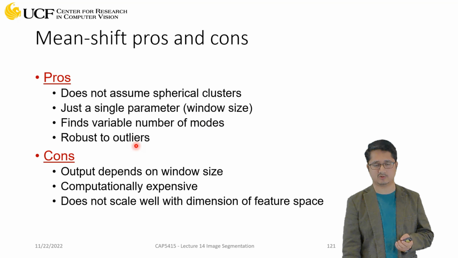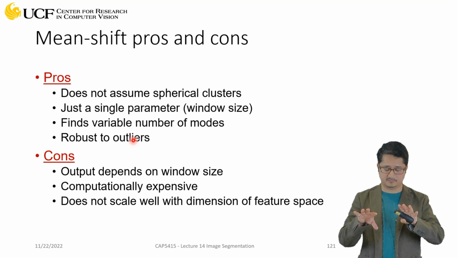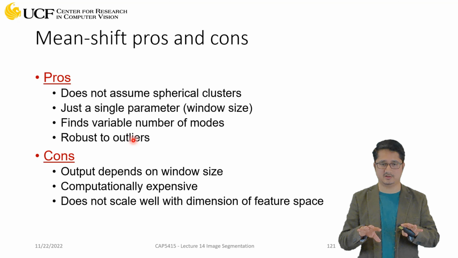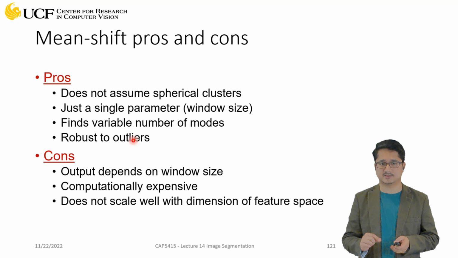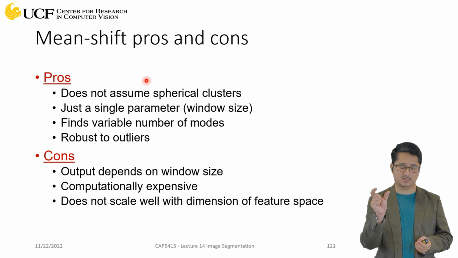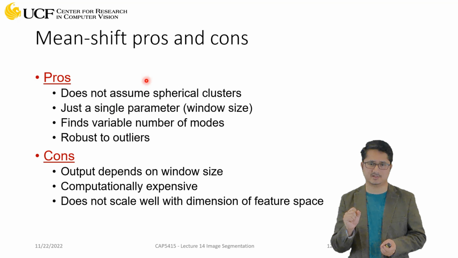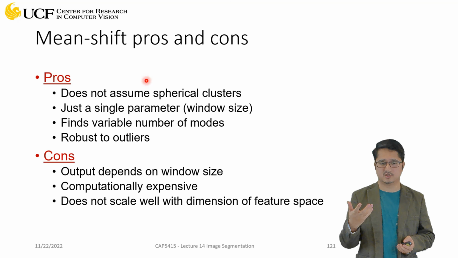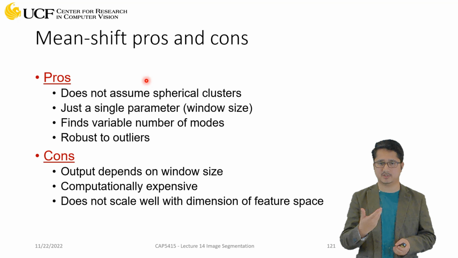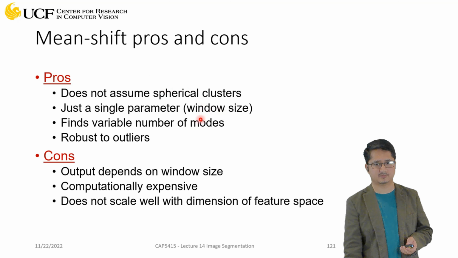It's also very robust to outliers, because we are trying to compute the mean over a larger area, so even if we have some outlier pixels, they will be easily filtered out. And we only need one parameter, which is the window size. What should your search size be? That's reasonable because you know how big your segments should be, so depending upon that, you can easily set the window size.